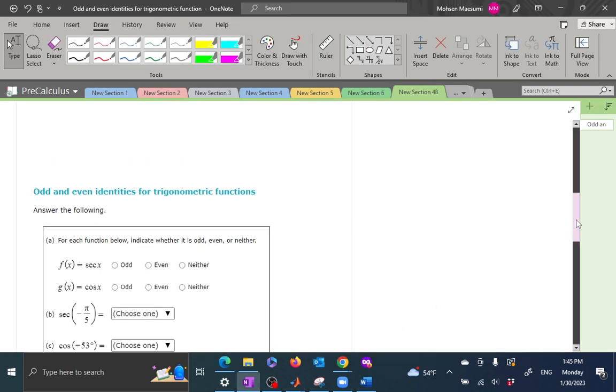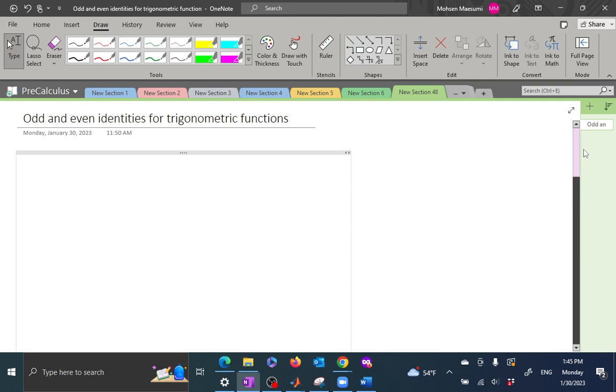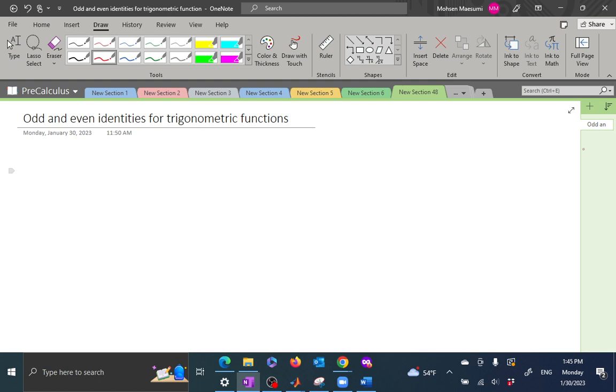We are going to deal with even and odd functions and identities for trigonometric functions. So what is at issue here? Let's first just explain what odd and even functions are.